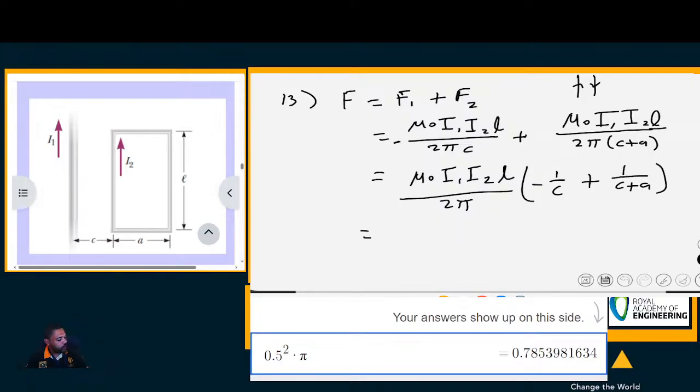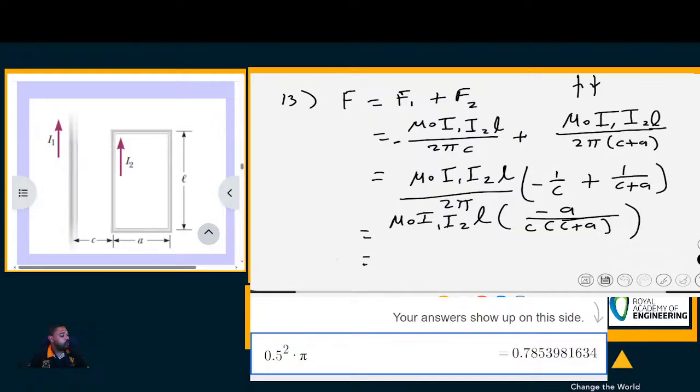Now if you were to plug in all values, but let's just simplify it a bit first. Mu naught, I1, I2, L. If you simplify this, you will be left with C times C plus A, that's the common factor, over negative A. That will be your value.